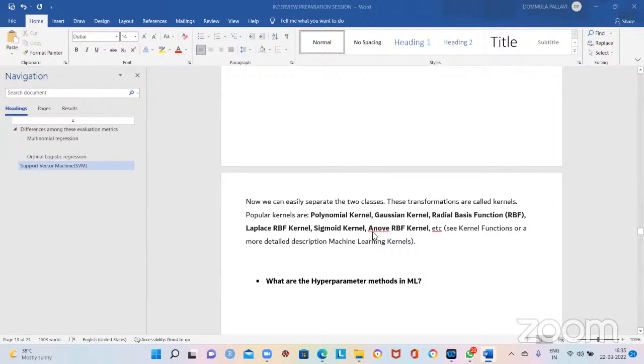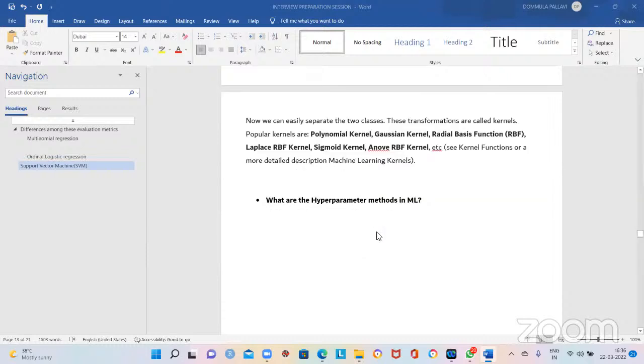Coming to the answer, now we can easily separate the two classes. These transformations are called kernels. Popular kernels are polynomial kernel, Gaussian kernel, radial basis function, Laplace RBF kernel, sigmoid kernel, ANOVA RBF kernel, etc. See kernel functions for a more detailed description of machine learning kernels.